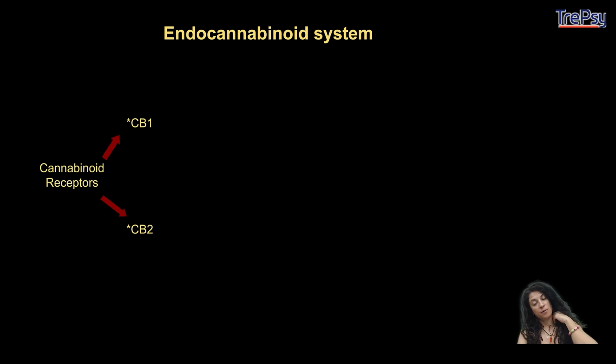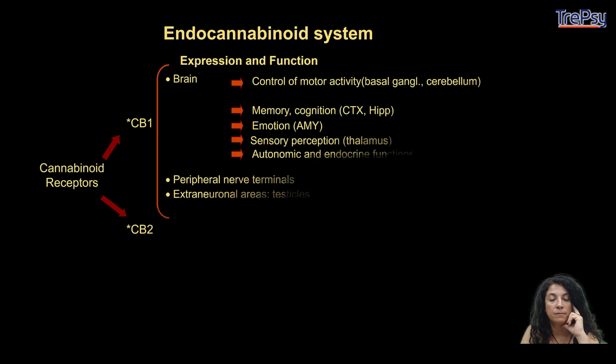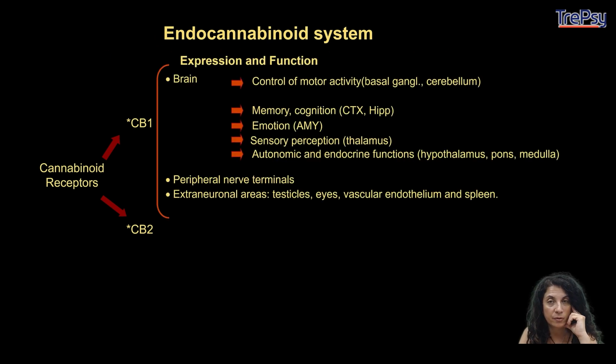Cannabinoid receptor CB1 or CB2, expression and function. In the brain, I can find the cannabinoid receptor in the basal ganglia and cerebellum, so it can control motor activity.